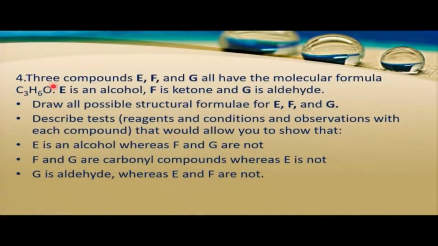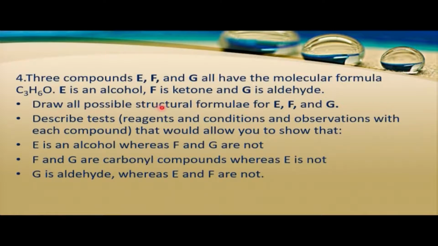The next exercise, question number 4. Here we have 3 compounds, E, F, and G, all having the molecular formula C3H6O. E is an alcohol, F is a ketone, and G is an aldehyde.